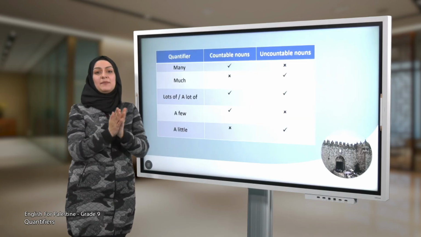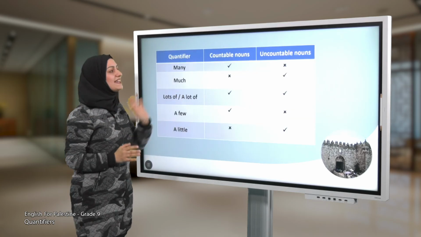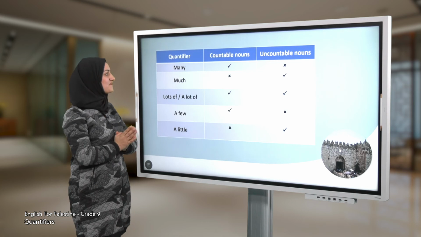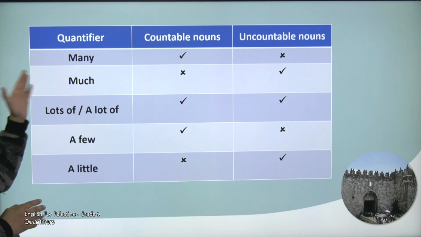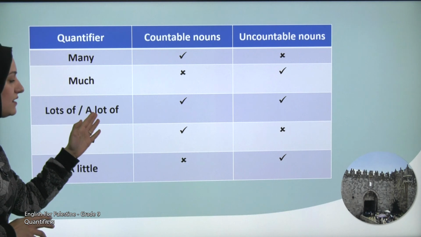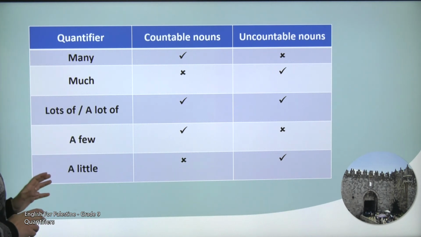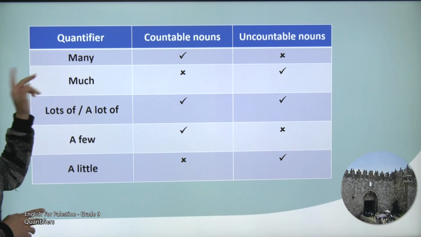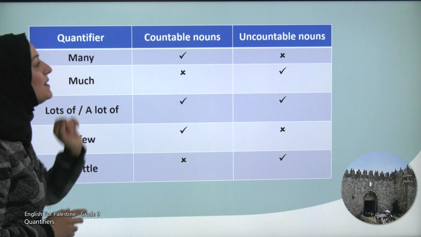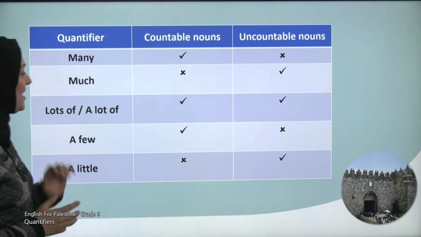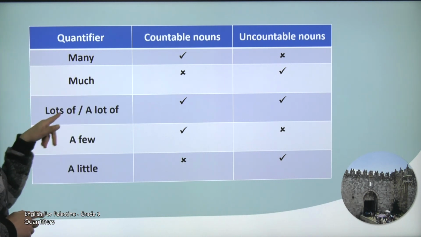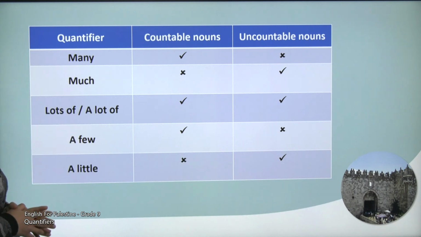Now let's make a summary together. Let's look at this simple table. We have the quantifiers: many, much, lots of and a lot of, a few and a little. Many is used with countable nouns. Much is used with uncountable nouns. Lots and a lot of are very easy.